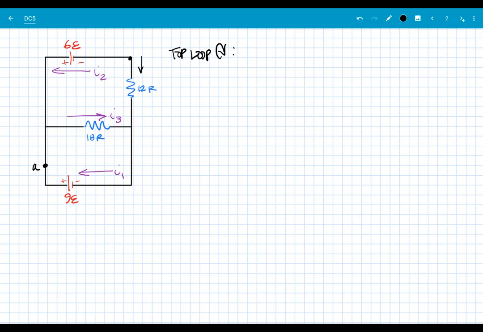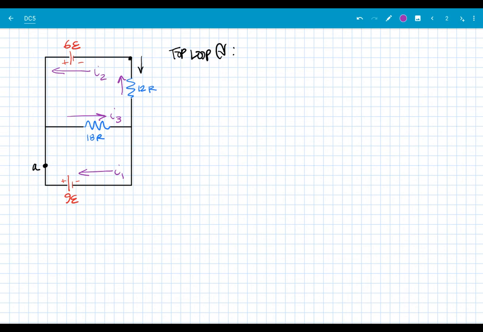I'm going through this resistor against the current. Sorry, I'm going to use purple for my currents. If I draw in this branch here, that's the direction that I chose for I2.